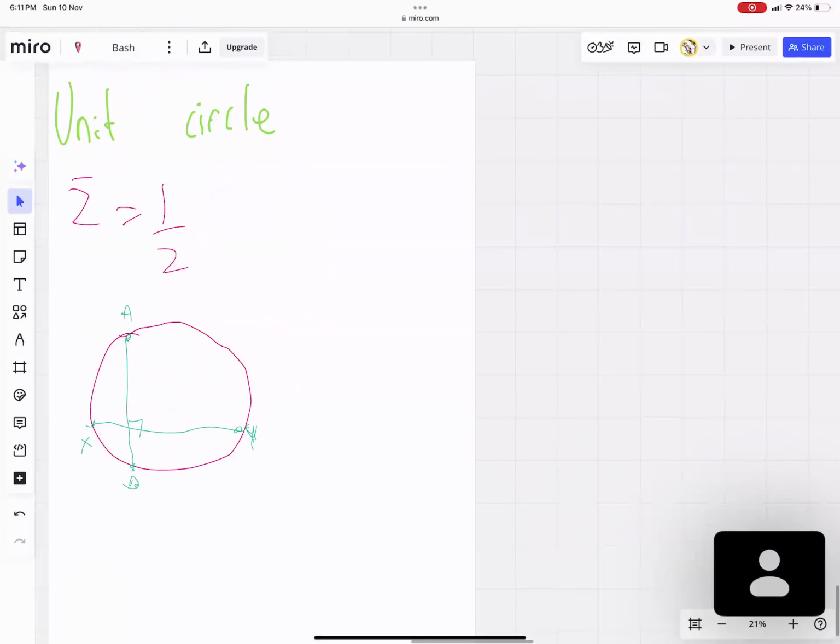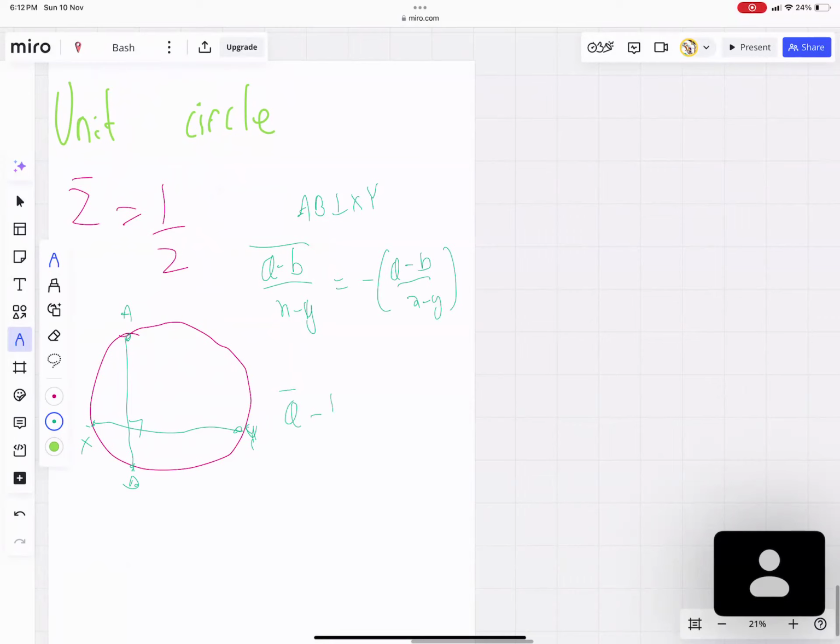So AB perpendicular to XY gives that the conjugate of a minus b by x minus y should be equal to negative of a minus b by x minus y. Now, we know that since conjugates distribute over these operations, this will become conjugate of a minus conjugate of b by conjugate of x minus conjugate of y, which is equal to b minus a by x minus y. Is this fine with everyone?